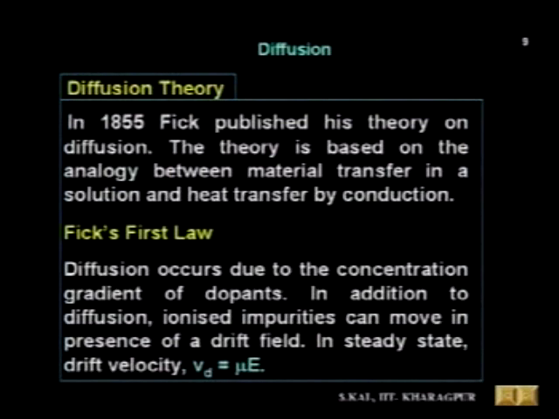So, in 1855, Fick published his theory on diffusion. The theory is based on the analogy between material transfer in solution and heat transfer by conduction. Heat also transfers from the high temperature region to the low temperature region, that is by conduction mechanism.